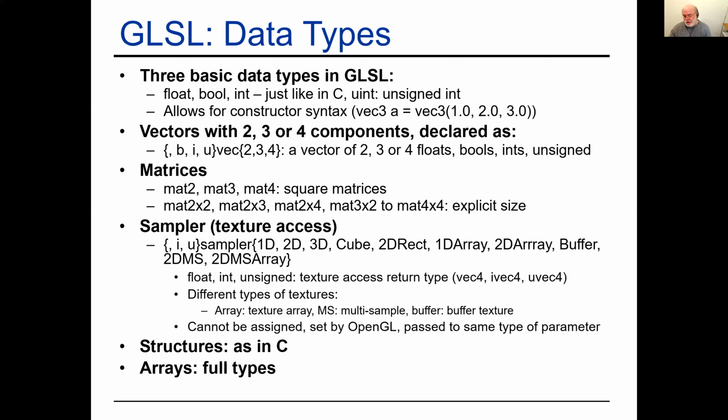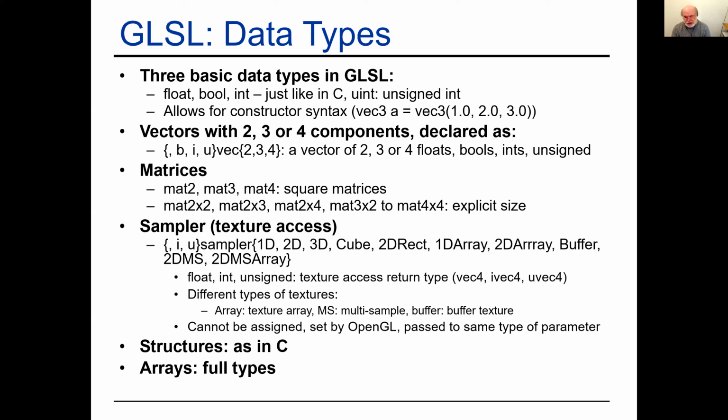You can have vec2, 3, 4, so vectors of different numbers of elements, and you can have Boolean vectors, integer vectors, unsigned vectors, and so on. There are matrices as basic data types as well. Square matrices, 2 by 2, 3 by 3, and so on, but you can also have rectangular matrices, where you specify the size.